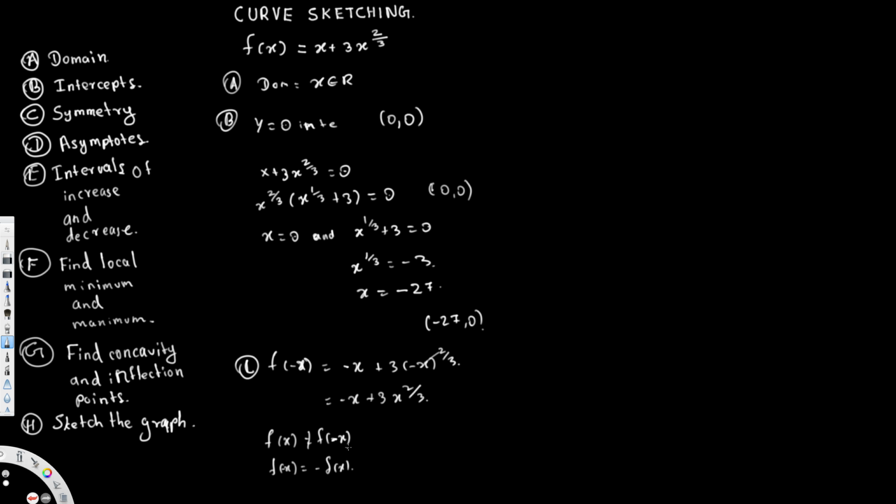That's not true either, because f of minus x means minus x plus this one, and minus f of x means the whole thing should be negative. In this case the second term is positive, therefore this is not true either. Therefore this is not symmetric.